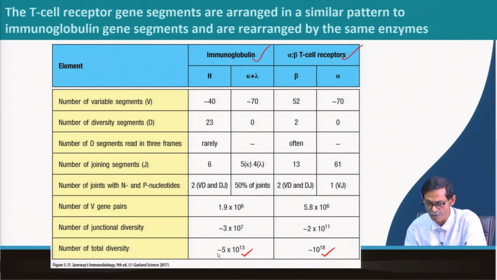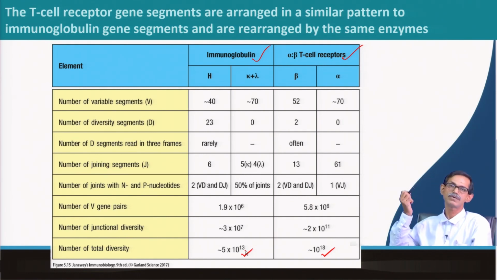This is the number of possible receptors one person can have, among which many are very similar to, or react against, our own self proteins. Those will be deleted. Those that survive and circulate in our peripheral blood are enough.